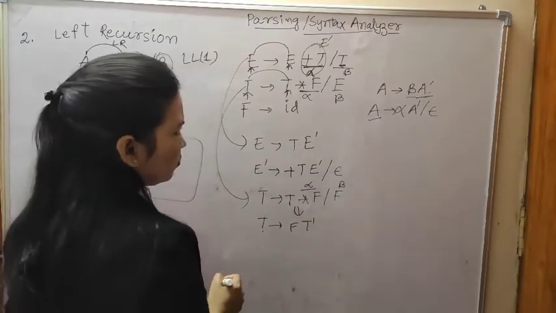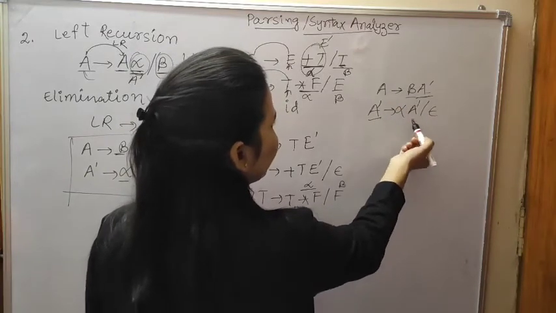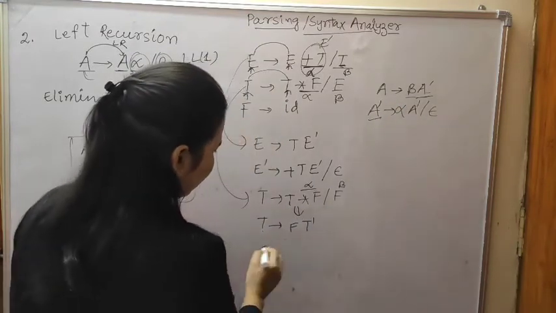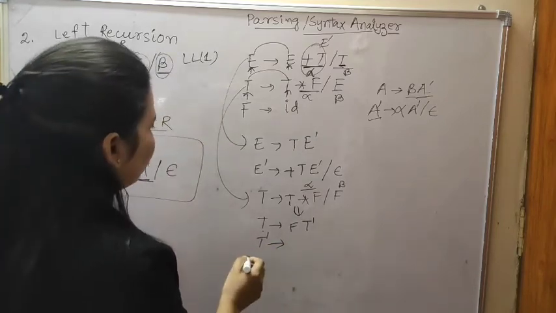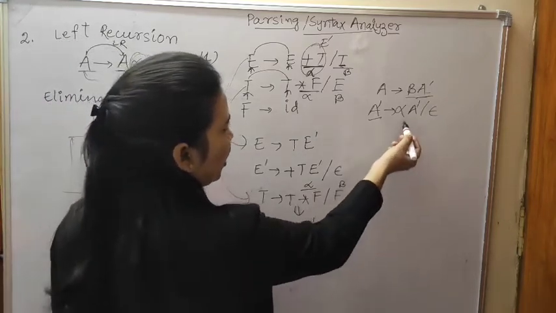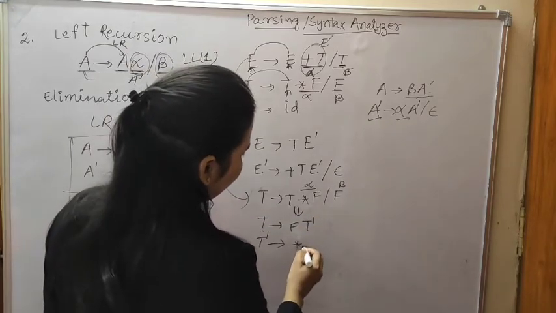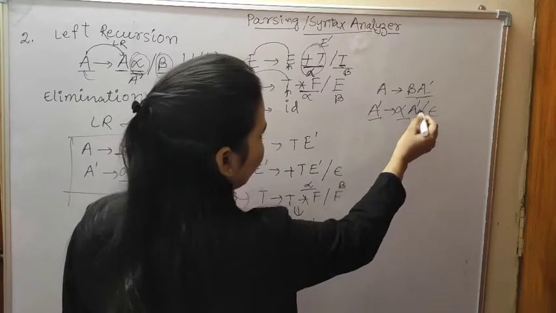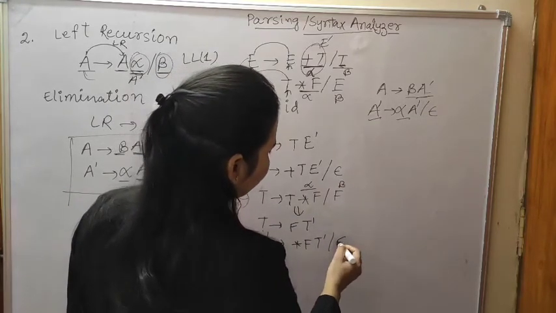The next, what is given? Again A dash will come, sorry. A dash goes to alpha A dash. So now T dash goes to what? Alpha means star F, A dash means T dash, or epsilon.